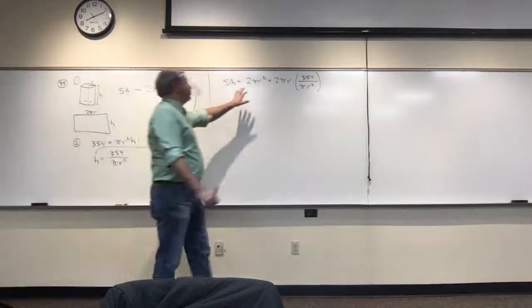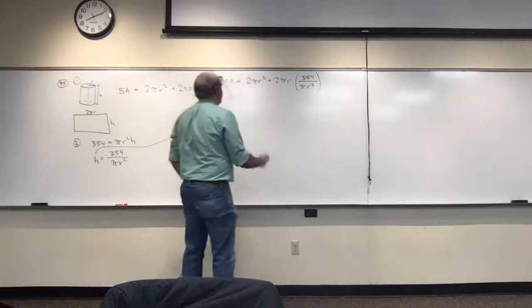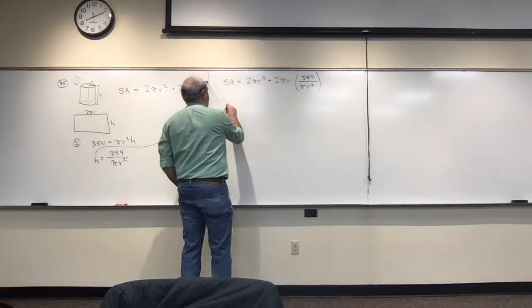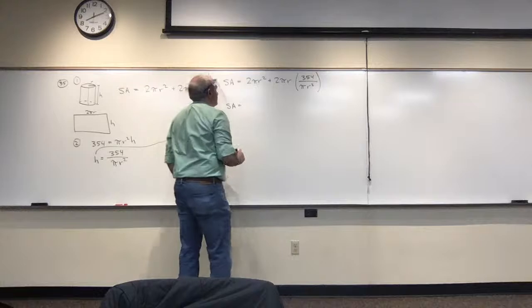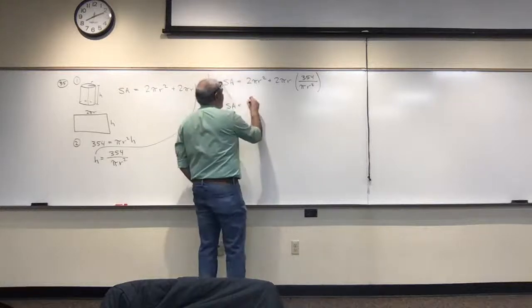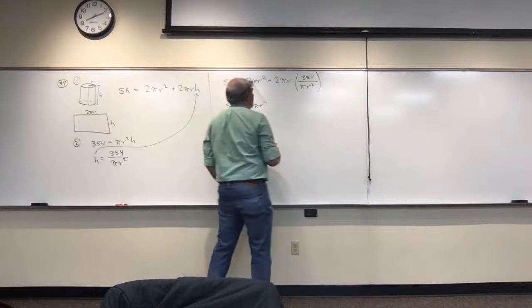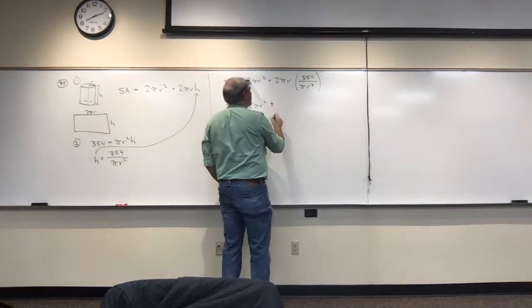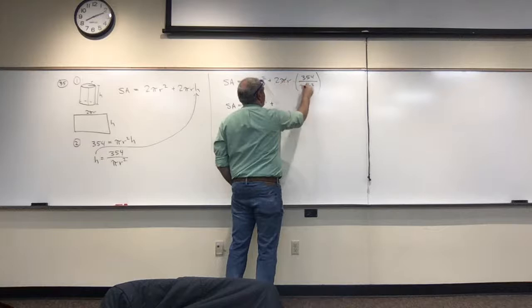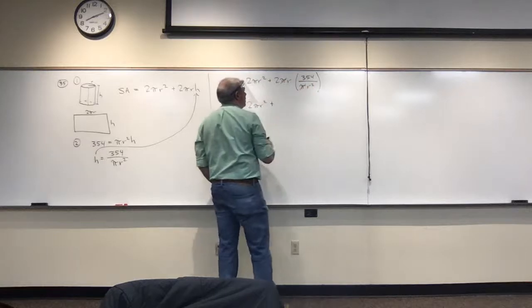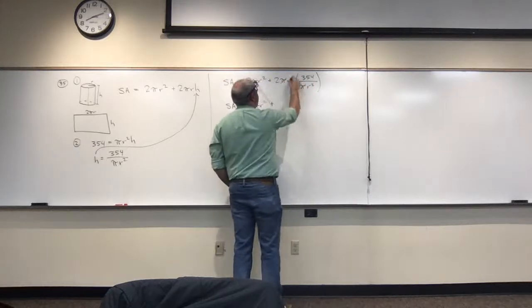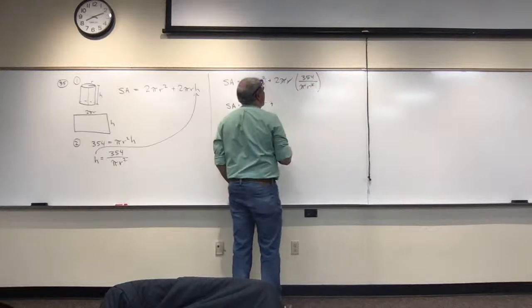Okay, now that we're here, we can simplify this a little bit. Surface area is equal to 2 pi r squared plus, we've got a pi on top and a pi on bottom, so those pi's cancel. One of the r's cancels, so I've got an r on top and an r on the bottom.